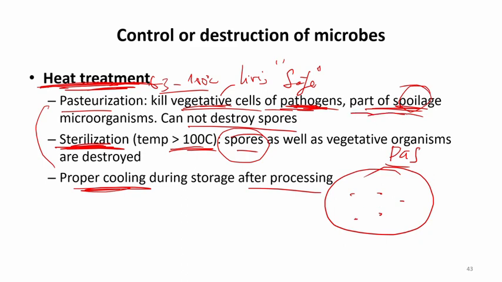Even vegetative cells, you do not destroy all. Spores, you do not destroy any. So after cooking, if you don't cool it fast enough, inside here it will still be warm for a long time, and then the surviving microorganisms can grow fast after that. This is not good.